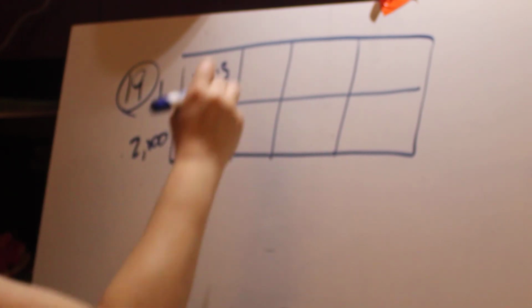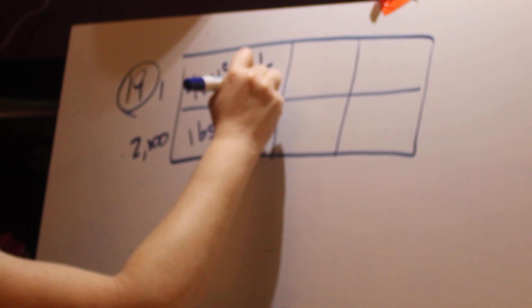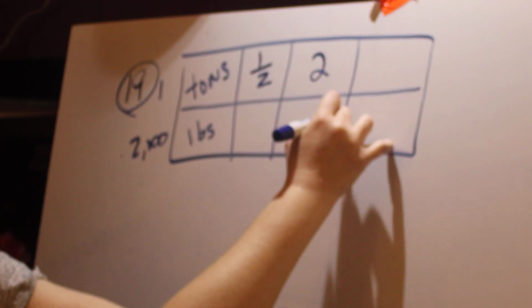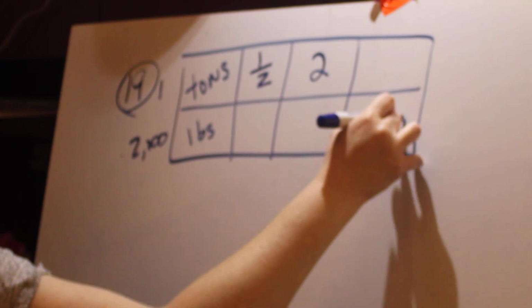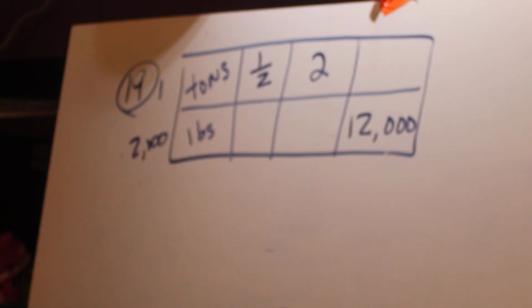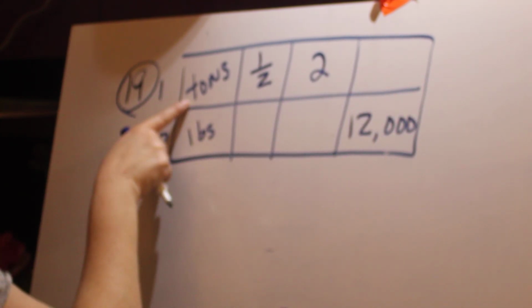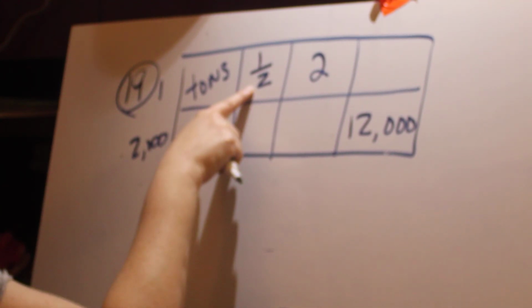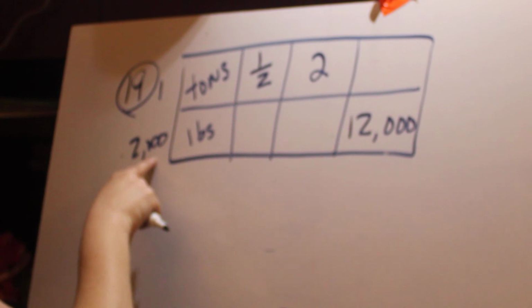So I have tons up here. I have pounds here. If I have 1 ton, I have 2,000 pounds. They gave you 1/2, they gave you 2, and they gave you 12. So, if I know that 1 ton is 2,000 pounds, what's half a ton? Well, what's 1/2 of 2,000?